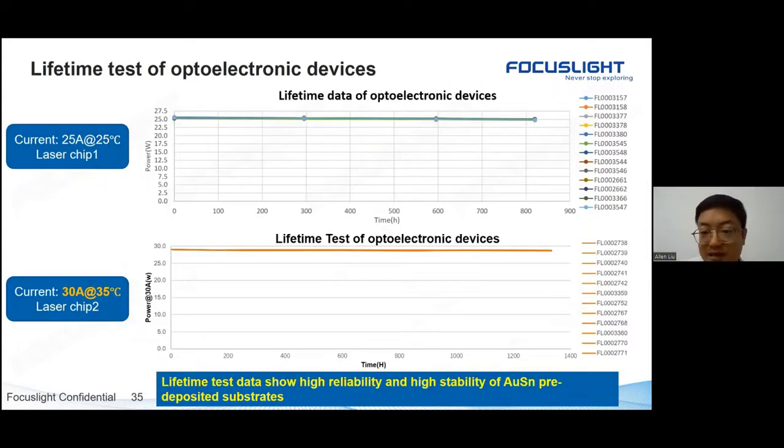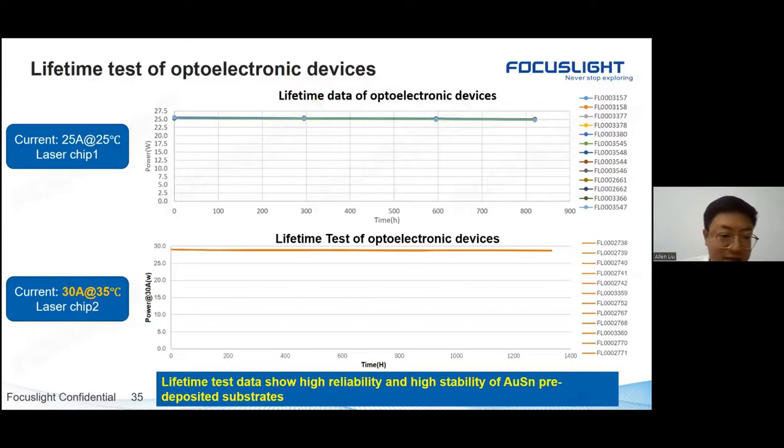And we test lifetime under different conditions. For the first laser chip, we test the lifetime under 22 amps and 25 degrees, and we got more than 800 hours, which shows very high reliability for the substrate, even for the device.